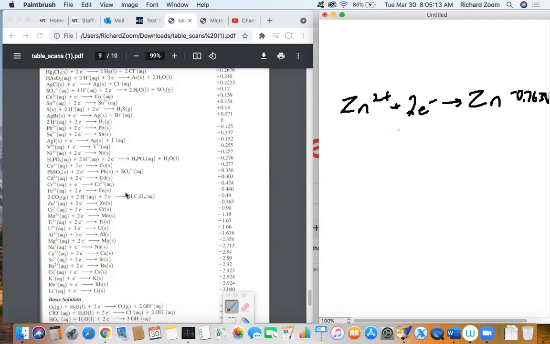And the other one is Fe2+, and you can see that one here. And that is negative 0.440 volts.